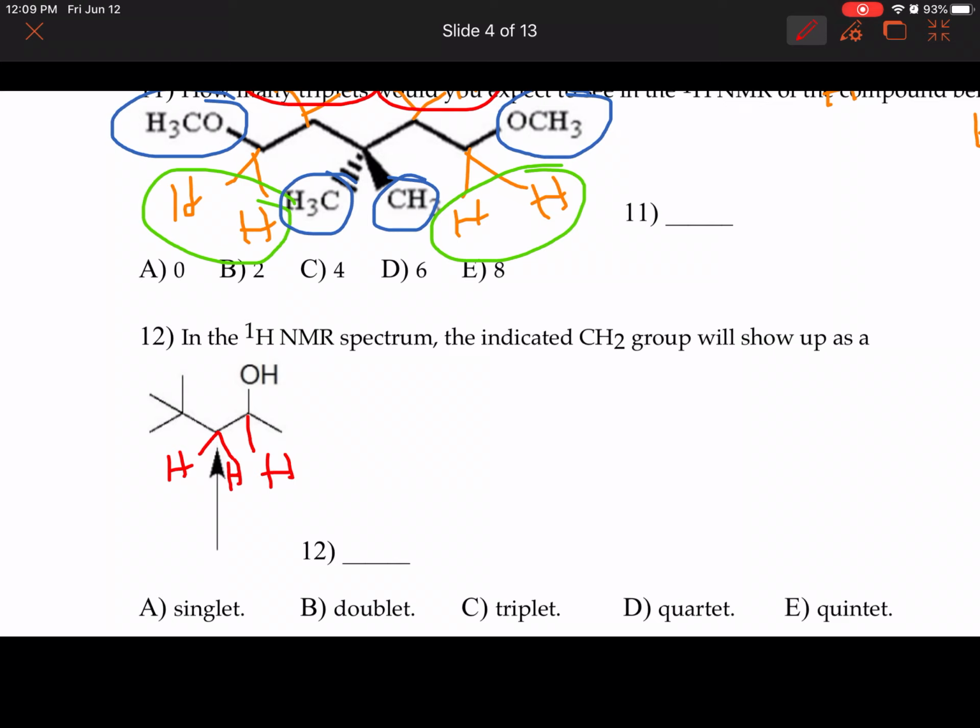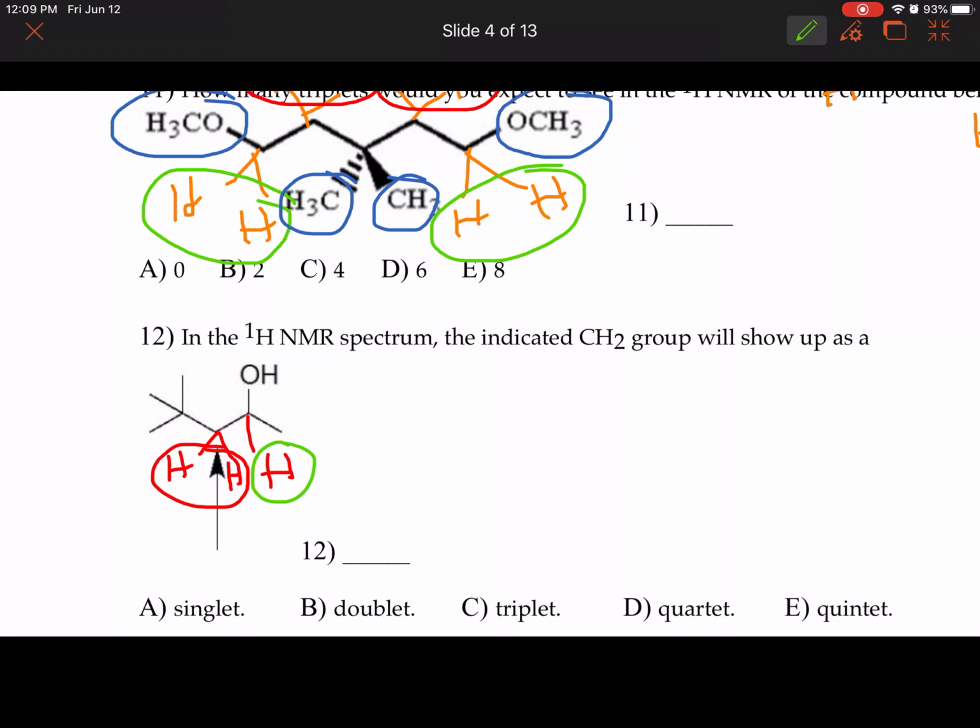According to the 3-bond coupling, the 2 hydrogens that you have on this carbon will split due to the hydrogen that you have on that alcohol carbon, and that is a 3-bond coupling.